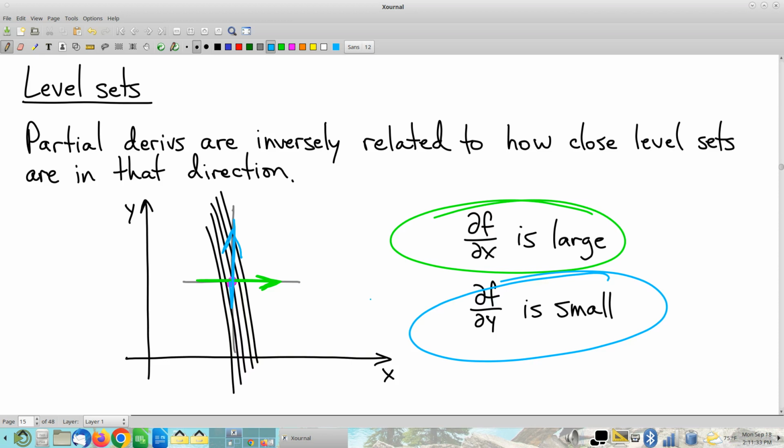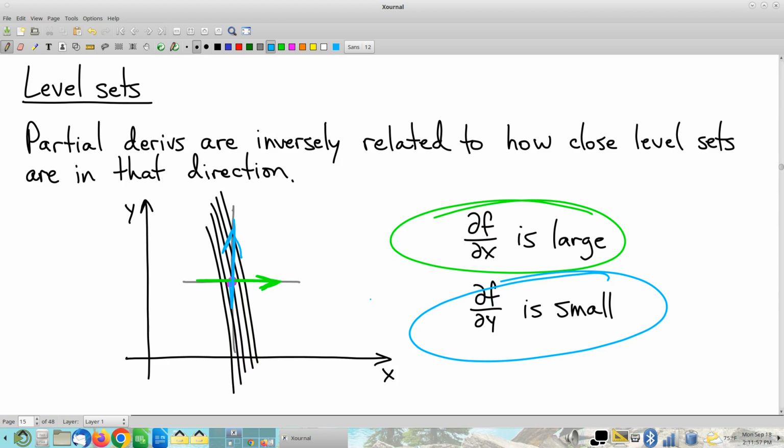Does that make sense? These kinds of pictures don't lend themselves very well to quantifying things. But you can get a really good comparative idea, independent of the scale. What's very clear from this picture is that the x partial is greater than the y partial, at least in magnitude.